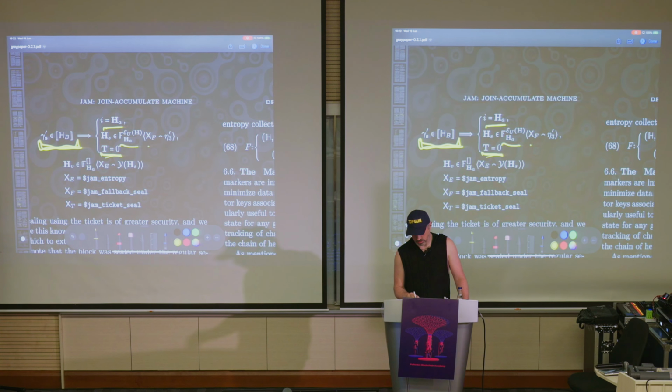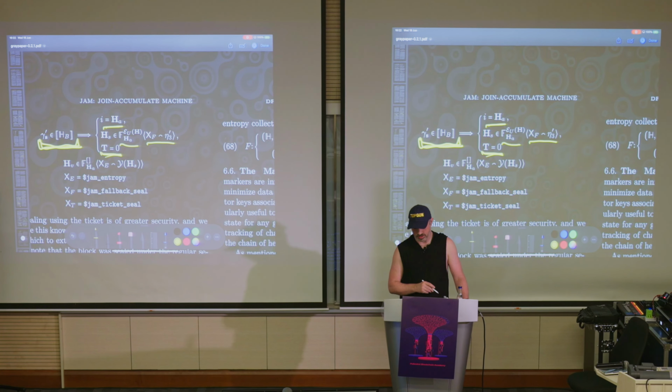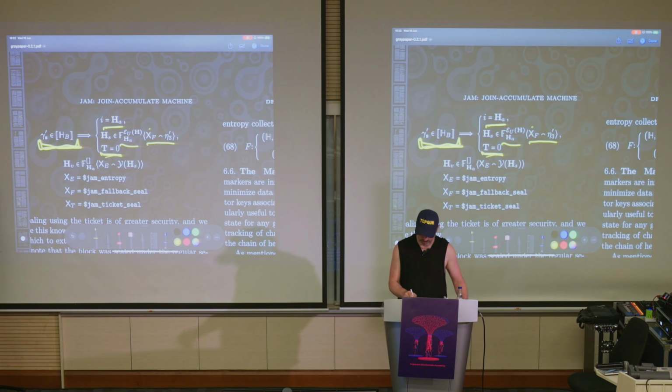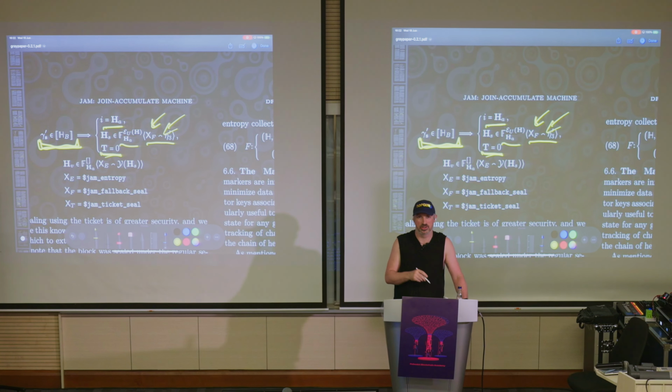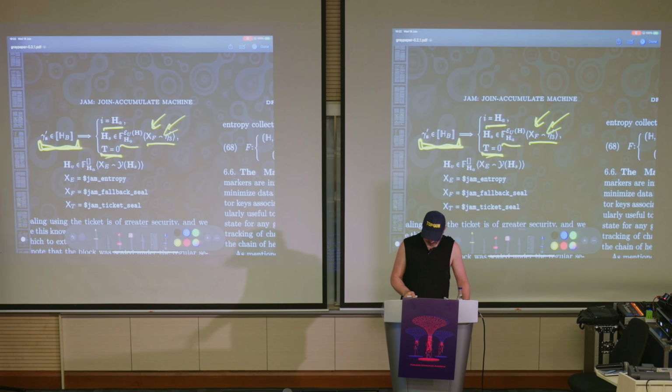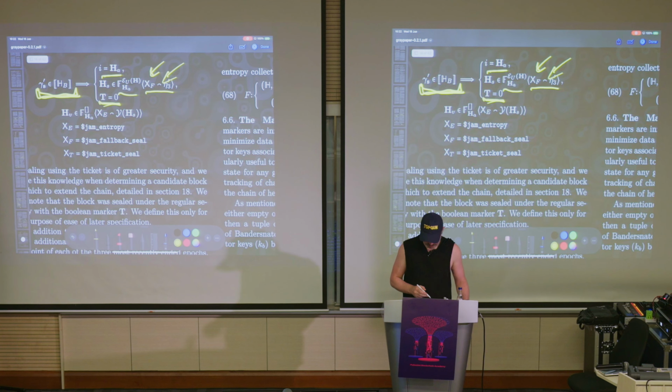In this case, this seal VRF takes as input a different string and the entropy. It's missing the ticket entry term because it's not a ticket, right? It's just their signature. Good. So that is the seal signature.